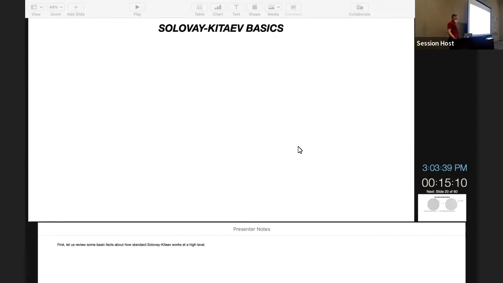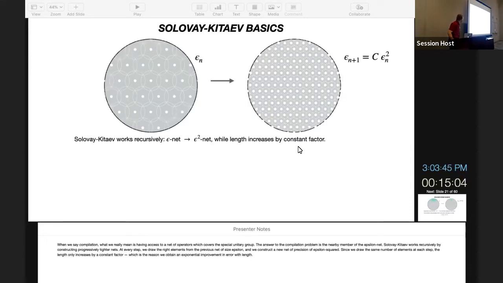First, let's review some basic facts about Solovay-Kitaev, how it works from a very high level. The task of compilation is really a statement about epsilon nets. The answer to a compilation problem at a certain point of the unitary group is a nearby member of this epsilon gamut that covers the whole unitary group.